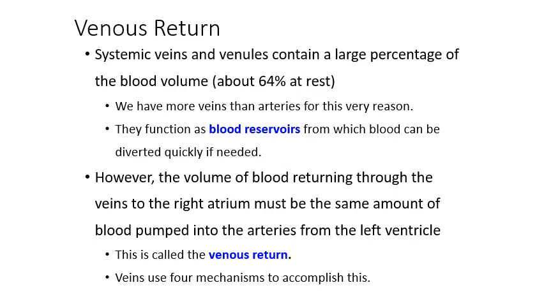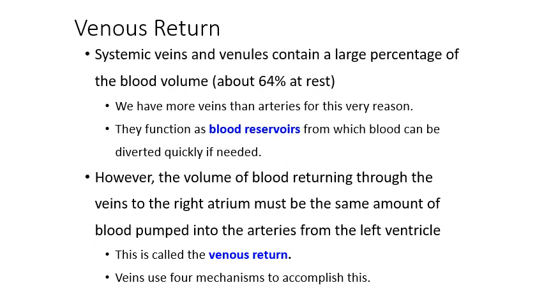All right. So I mentioned that your veins are carrying a good amount of blood at any given time. For that reason, we refer to them as blood reservoirs. That's where blood is just kind of hanging out, moving slowly until you need it. If we need blood for whatever reason in a particular area, then blood can be diverted from those veins to wherever it's needed at any given time.